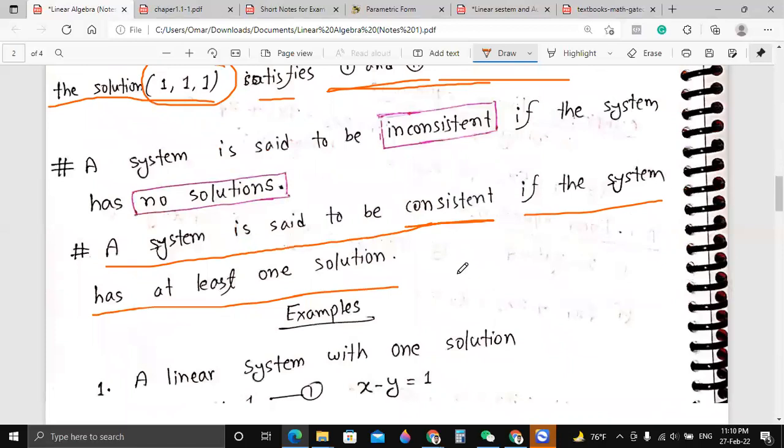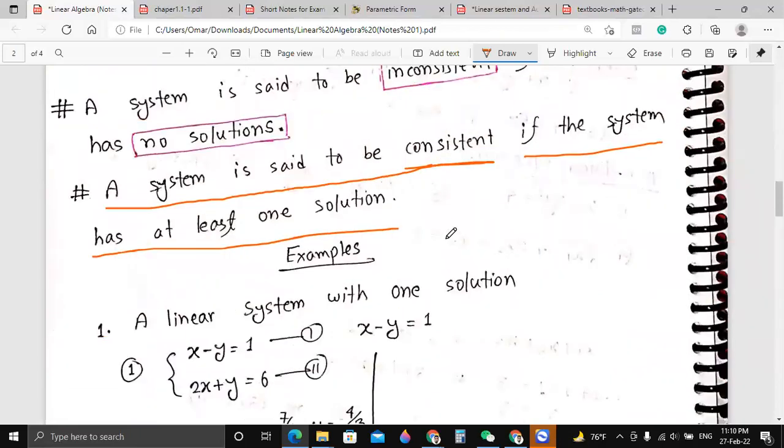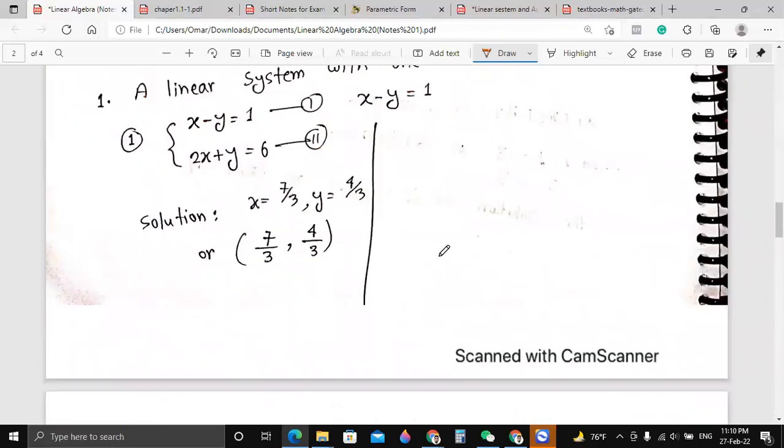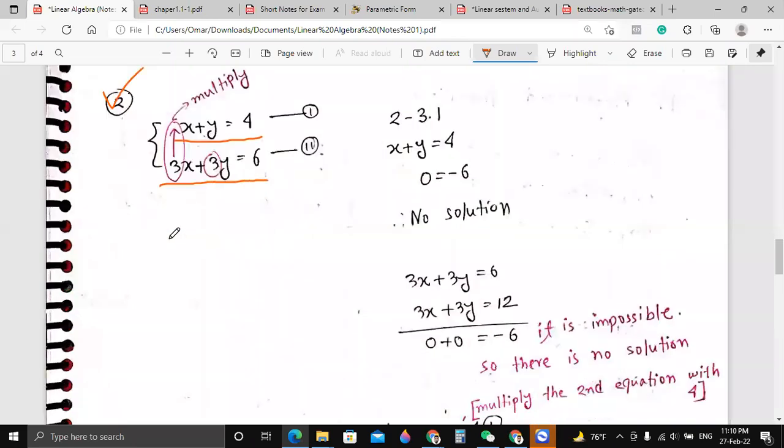And let me show you an example of an inconsistent system. For example, here, x plus y equal to 4 and 3x plus 3y equal to 6. If I try to solve this equation, I need to remove either x or y, right?